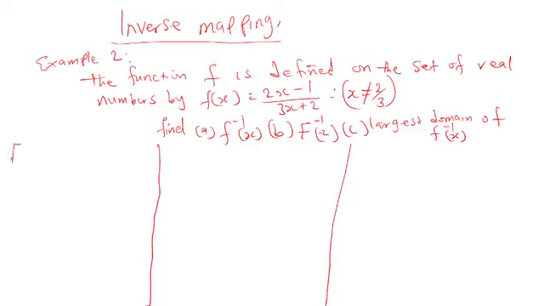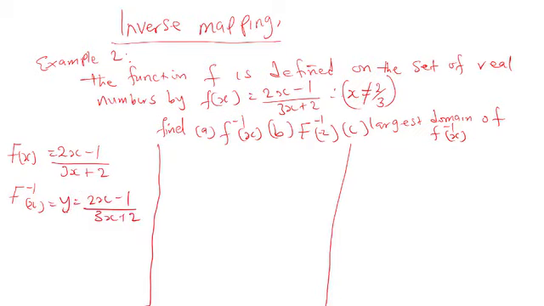So remember, the first part is f of x equal to x minus 1 over 3x plus 2. So we want to get the inverse of x. Let's make y the subject of the formula. We now have y equal to x minus 1 over 3x plus 2.